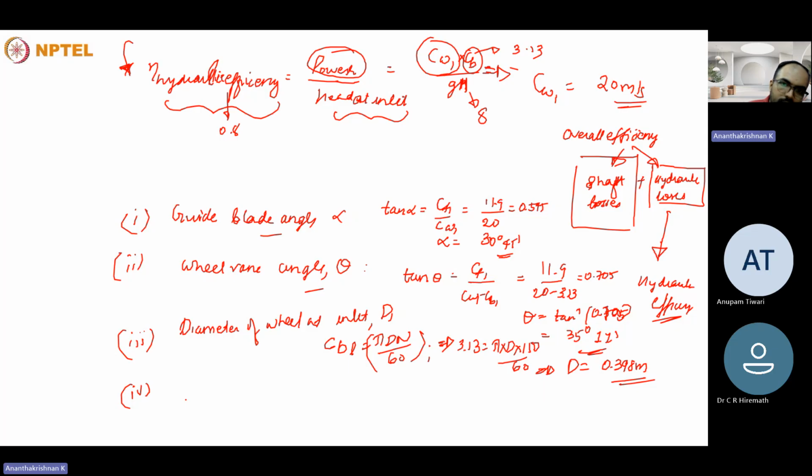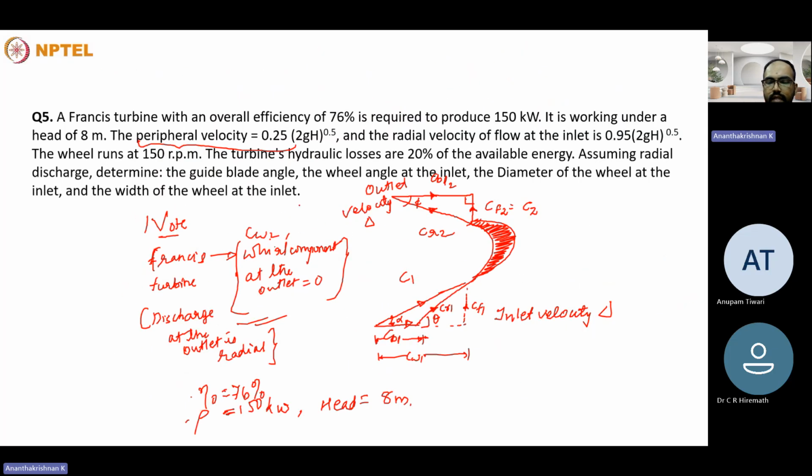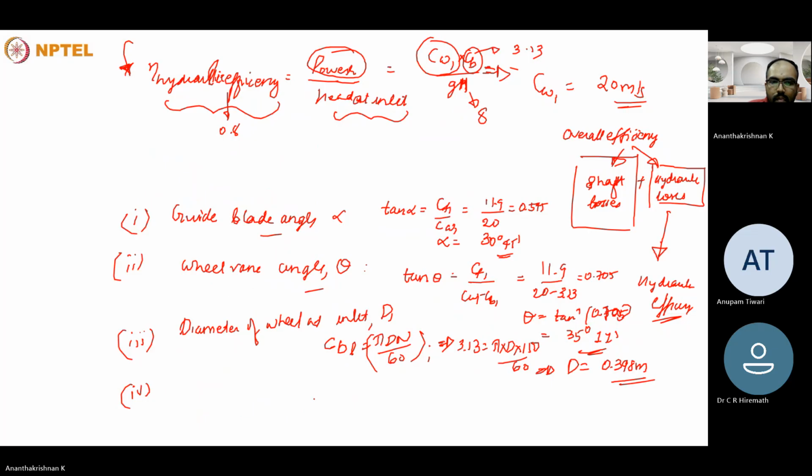Then last part of the problem, the width of the wheel at the inlet. We can denote it by B1. So how will we tackle this part of the problem?